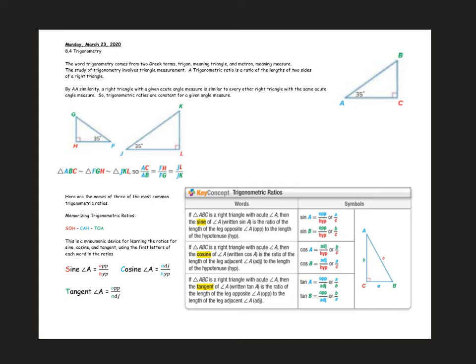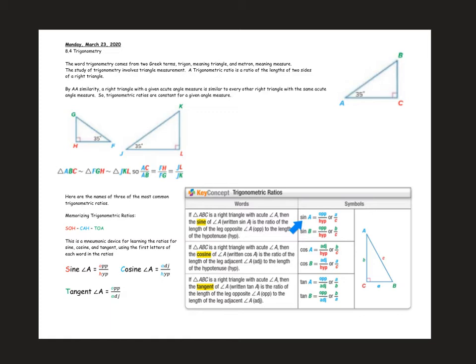We're going to study the three most common types of trigonometric ratios, and those are sine, cosine, and tangent. In triangle ABC, a right triangle with acute angle A, the sine of angle A is abbreviated SIN.